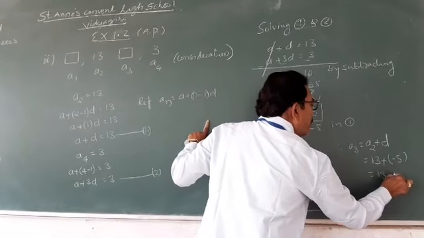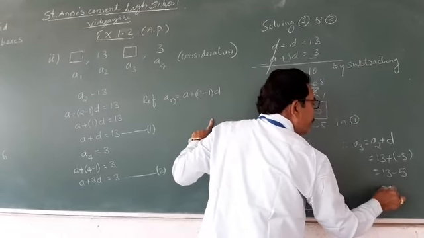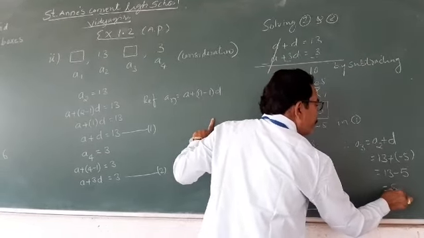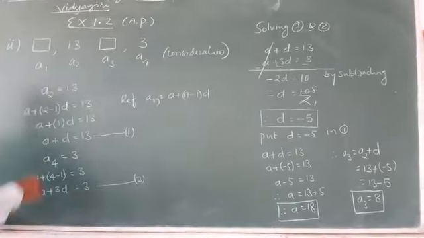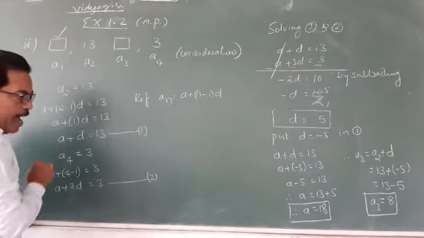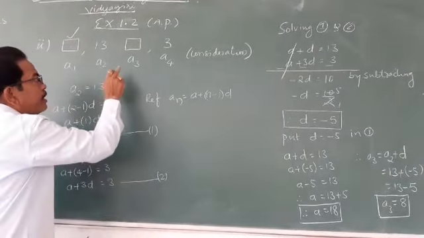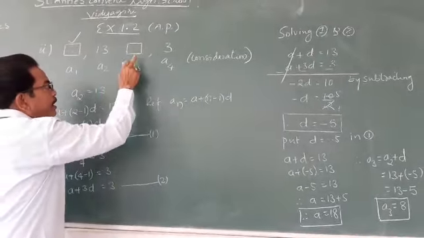So, 13 minus 5. So, A1 equals 18, A3 equals 8. Here we got A1 as 18, then A3 as 8.